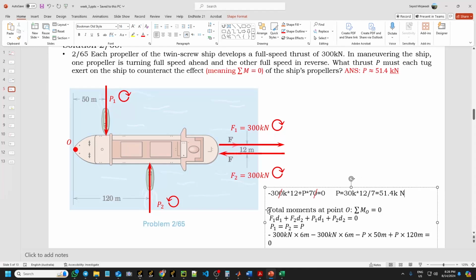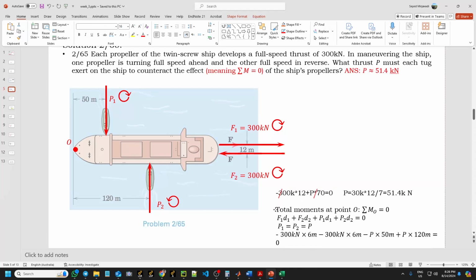Now I want to talk about the second method that some people use. Okay, some people say this. They said, okay, we will consider one point from here, any point actually, and we will obtain the moment of each force about this point. So for example, for this one, it will be P1 times 50, and it is clockwise, so it will be negative.